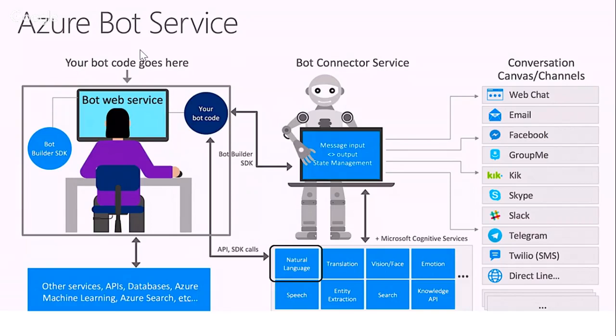Another new feature from Azure Bot Service is this: before, you needed to create a bot using Visual Studio with the SDK, and deploy to a web app. Then you register your bot to the portal, where you can register a bot to the connector service to connect into multiple channels. But now you can do everything from the Azure portal.